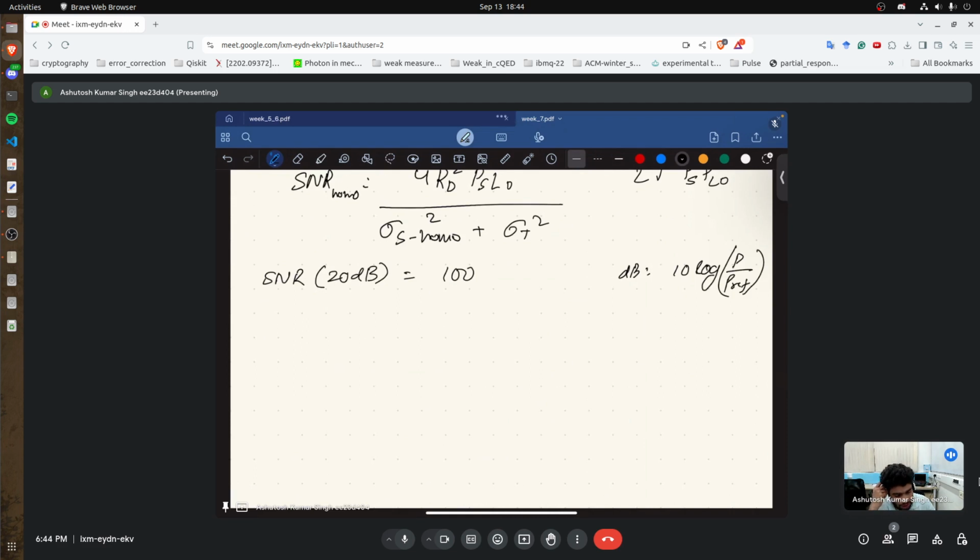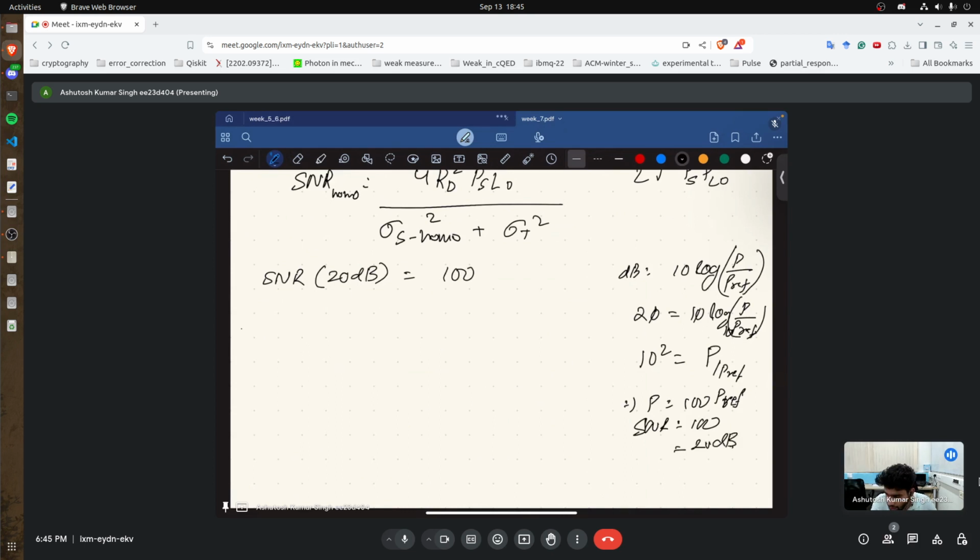So 20 equals 10 log P by P ref, and this is log base 10, so P is equal to 100 P ref. Here, this P ref could be our SNR, so in linear scale 100 is equal to 20 dB.